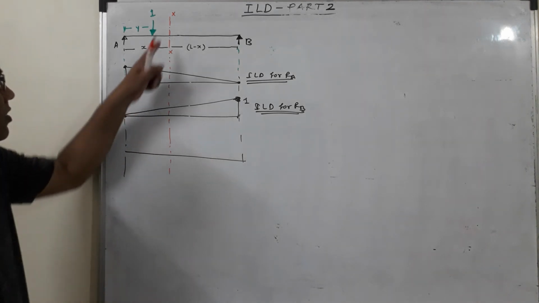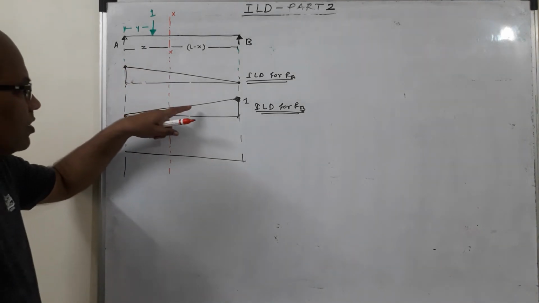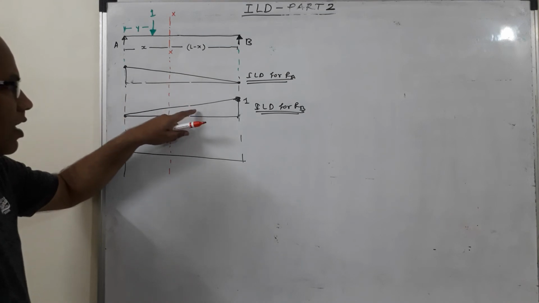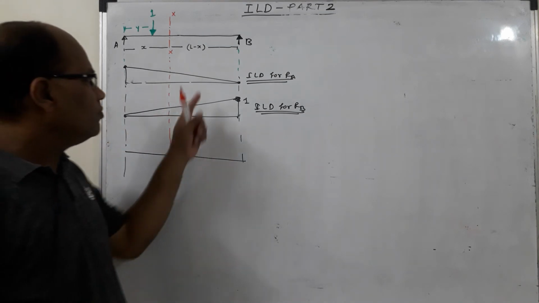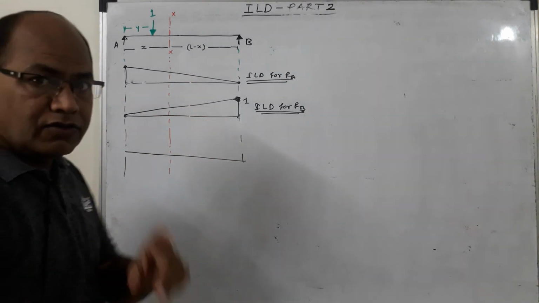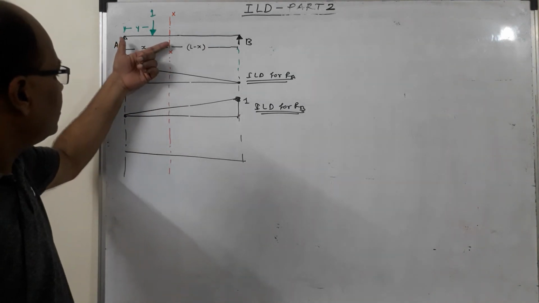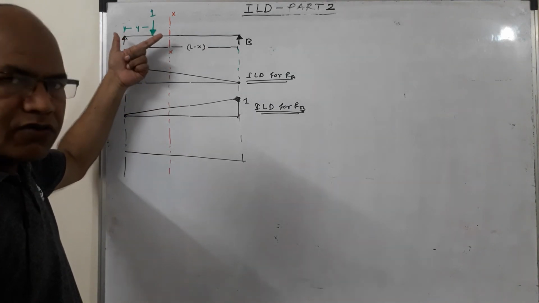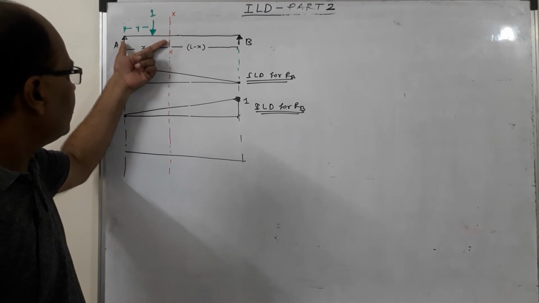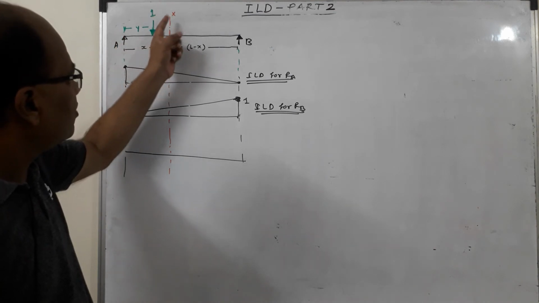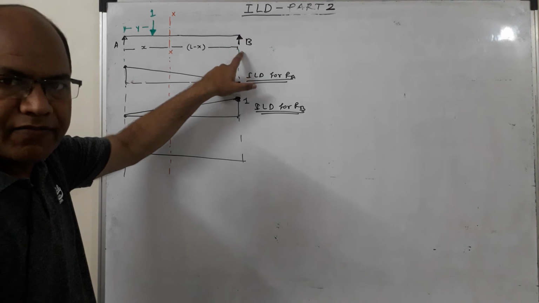Now, this section is cutting both the ILDs, ILD for RA as well as ILD for RB. Now, out of these two ILDs, see again, if you remember, when the load is in the left part, the shear force at section XX is governed by the reaction RB.